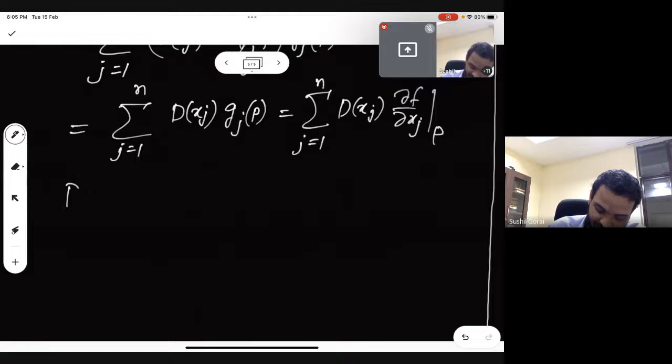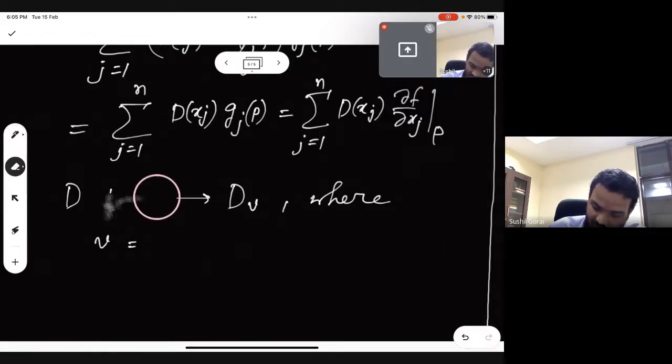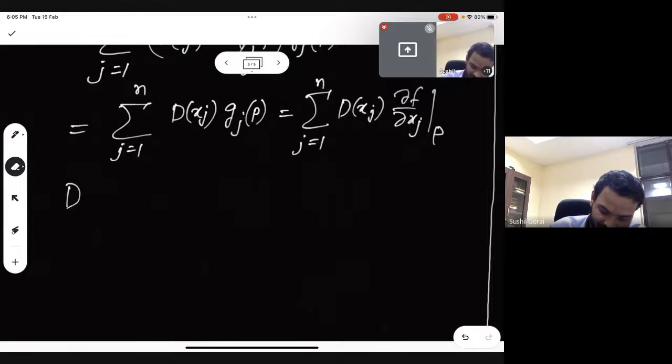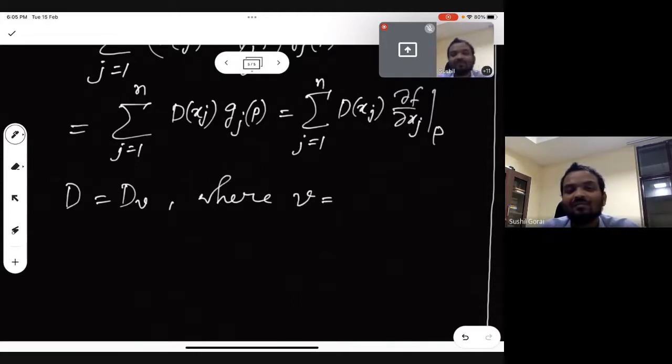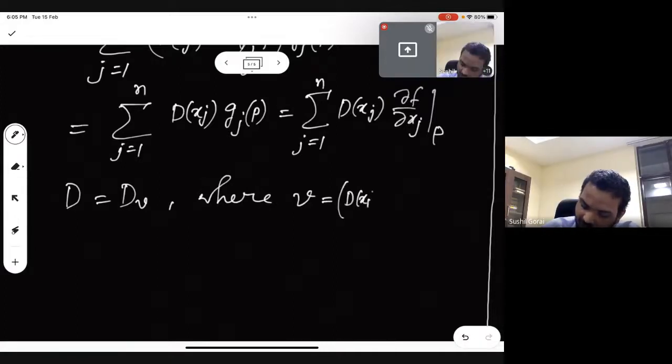D corresponds to dV, where V is the vector of the components D of xj: D of x1, D of x2, up to D of xn.